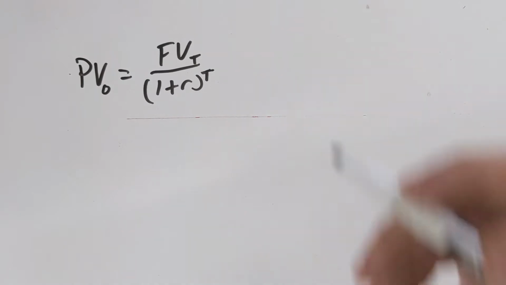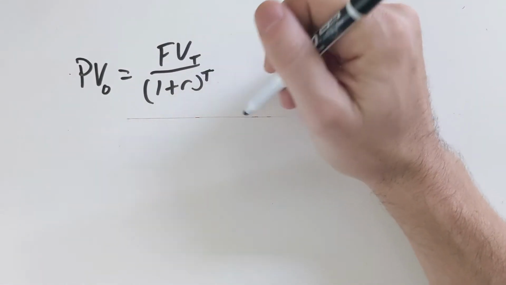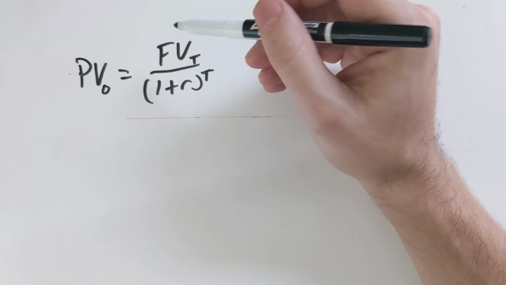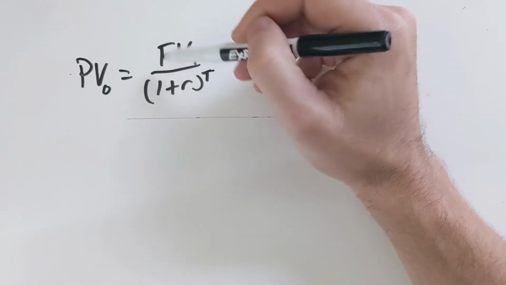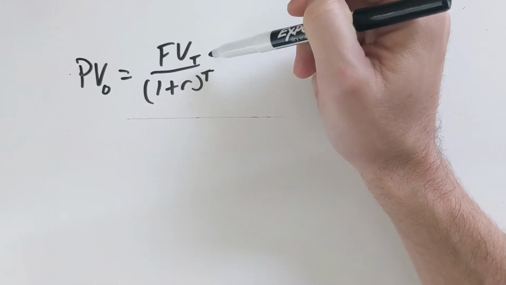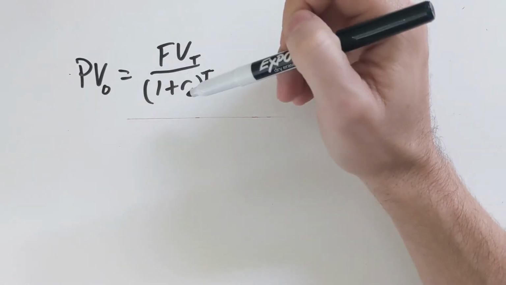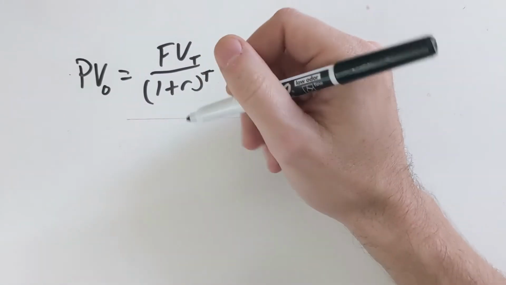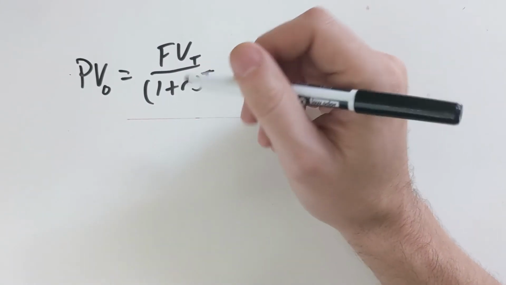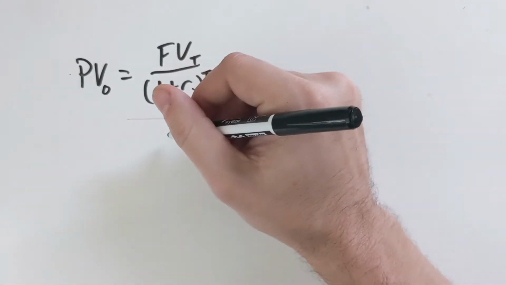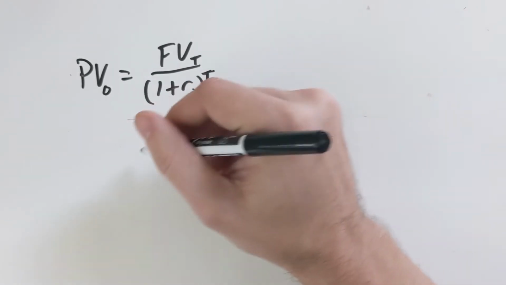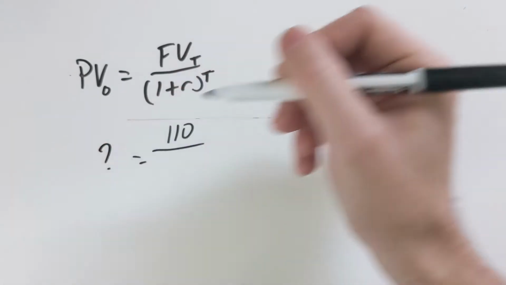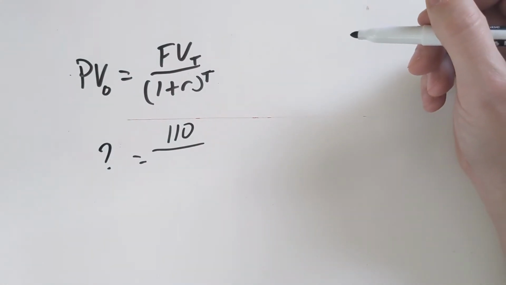All right, so what this little formula is telling us is that if you want to know the value today of some transfer of money or value in the future, it's not going to be the same number, right? And so that means, if I am going to receive, say, $110 in 1 year, and I want to know how much that money is worth to me right now.